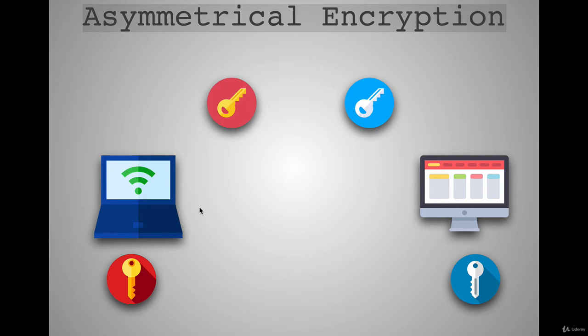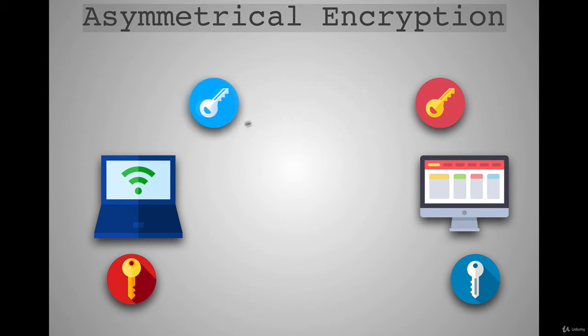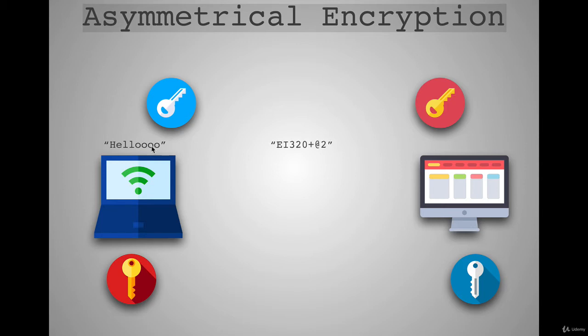So let me show you how it works. If I send my public key to my friend's computer, and let's say that friend also sends his public key to my computer, if I want to send a message, I can say, hello, send it over by encrypting it with his blue key, his public key.